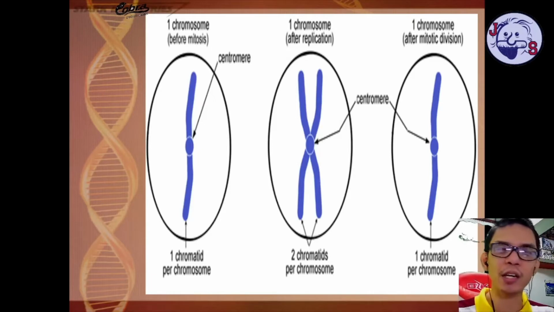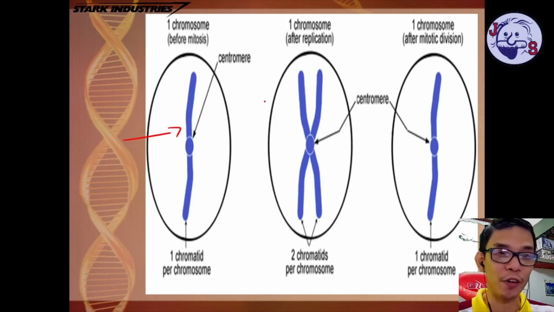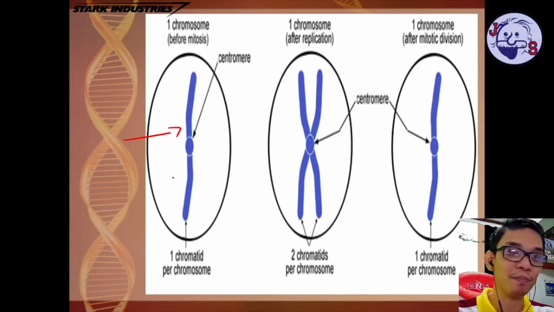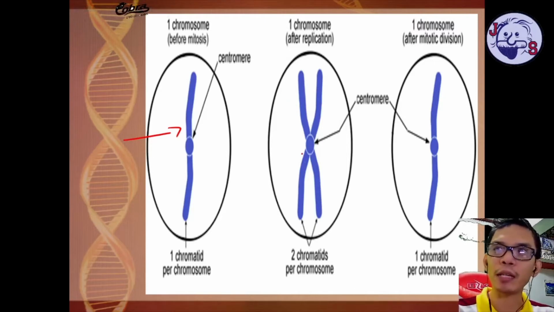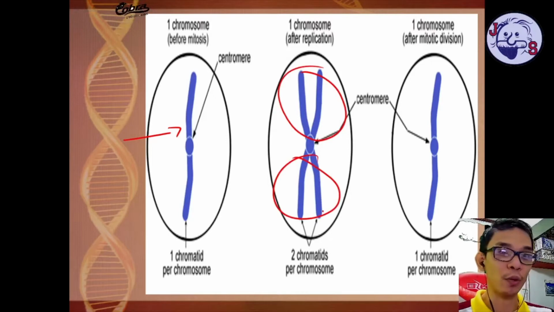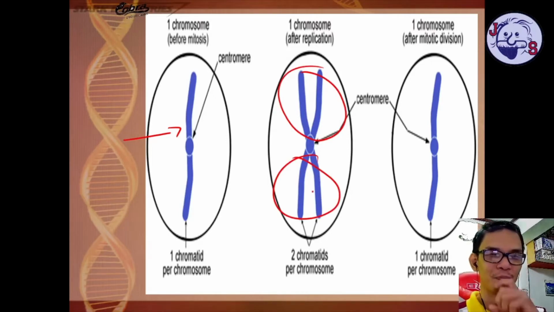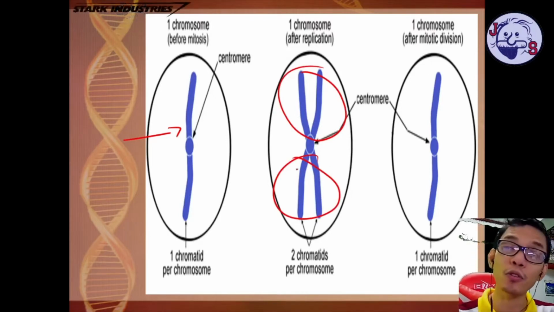Originally, the chromosome looks like this before cell division. It has one chromatid per chromosome. So all chromosomes in our body have one chromatid. But after replication, that one chromatid becomes two chromatids. We call them the sister chromatids.